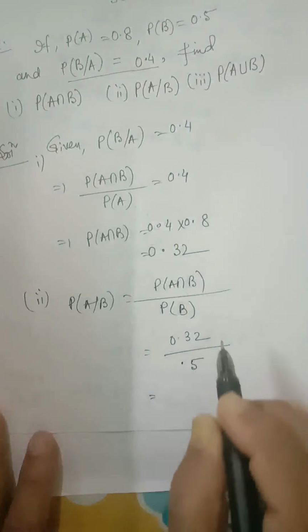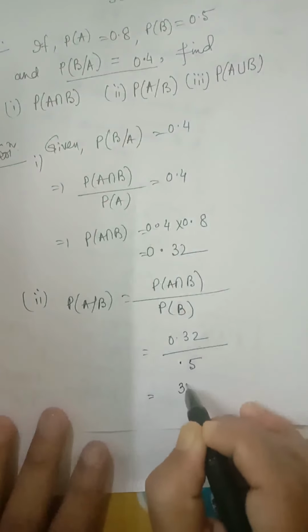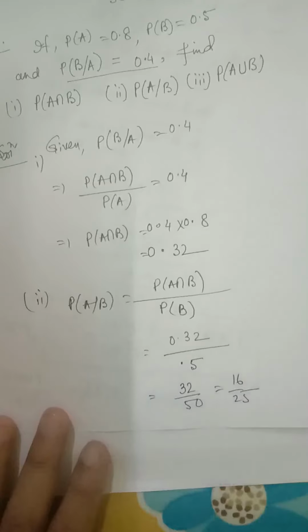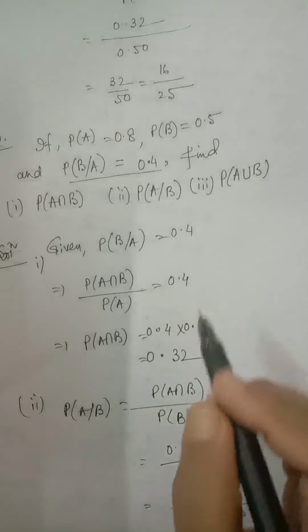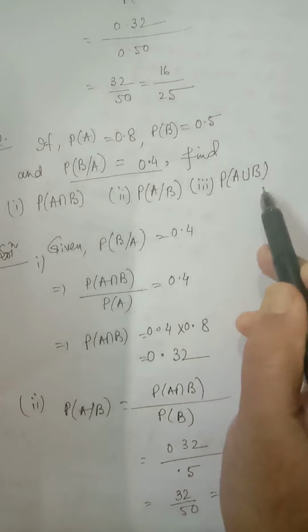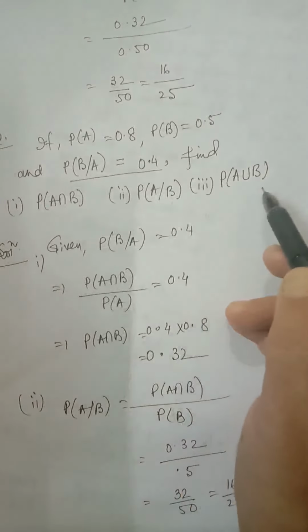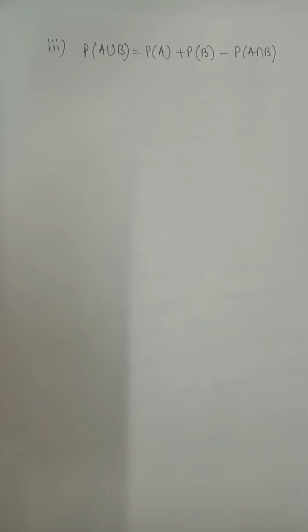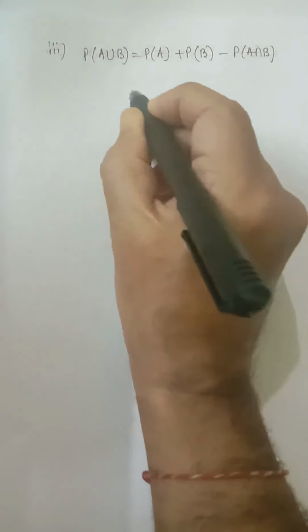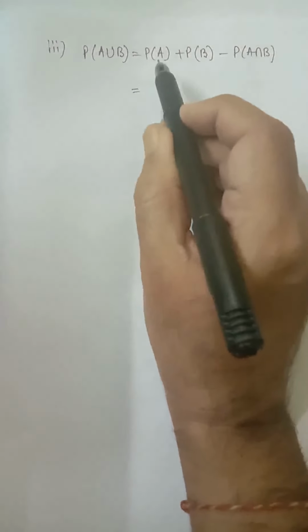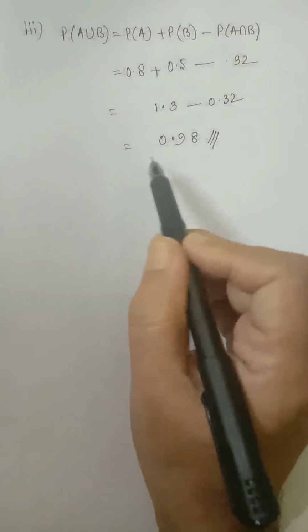So ultimately 32 by 50, 16 by 25. And lastly, we have to find P(A union B). For that, we have to use the addition theorem of probability. So applying this formula, P(A union B) equal to P(A) plus P(B) minus P(A intersection B), and putting the values of P(A), P(B) and this, we get the value of P(A union B) equal to 0.98.